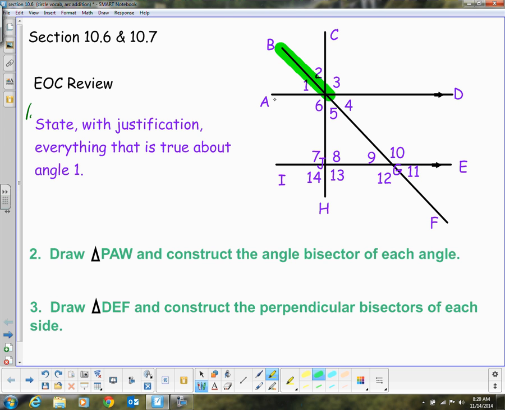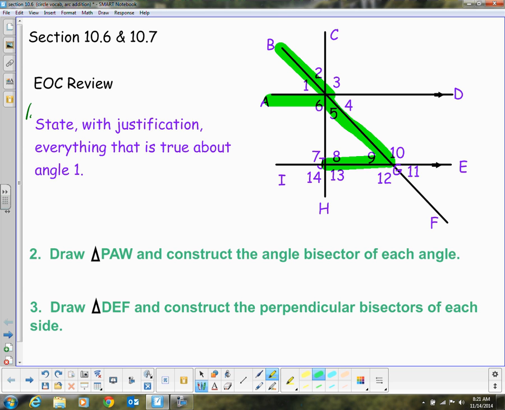It's going to be angle 9. Do you see the F? So angle 1 you know is congruent to angle 9. Why? If lines are parallel, corresponding angles are congruent.